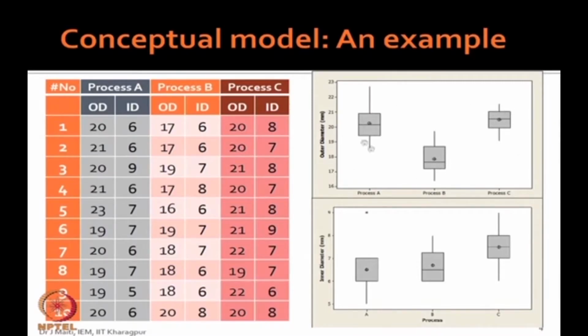So, there are two types of pictures now. From the outer diameter point of view, we have also seen in ANOVA that process B is different from process A and C, but if we add inner diameter, process C perhaps will differ in terms of its mean inner diameter from A and B. Now, we want to see collectively what is the difference in the mean vector, where this vector will be determined by the mean outer diameter as well as the mean inner diameter.